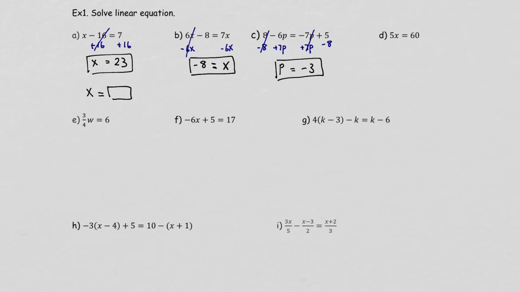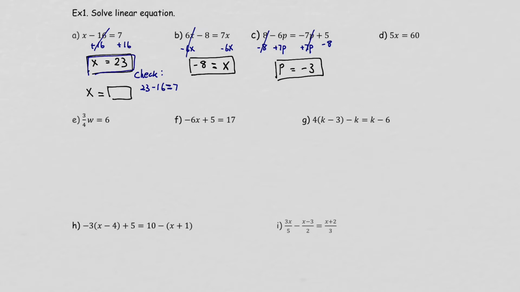In any of this equation solving, you should be able to check your solutions. For example, this one right here, if we replace the variable with 23, the given equation, given this equal sign, should always be true. That's how we know that's going to be our solution, right?